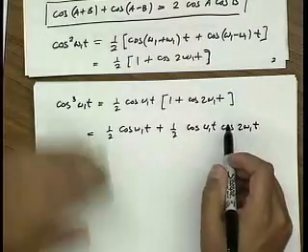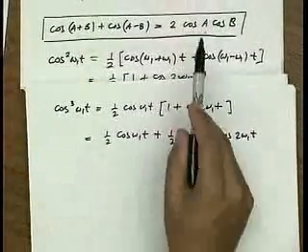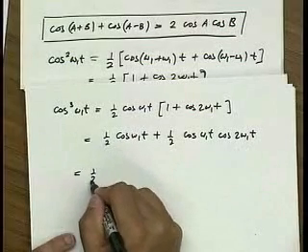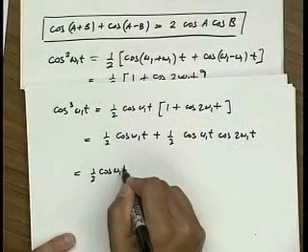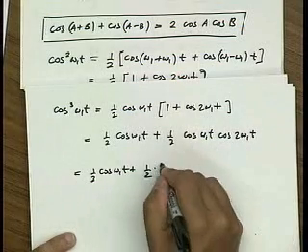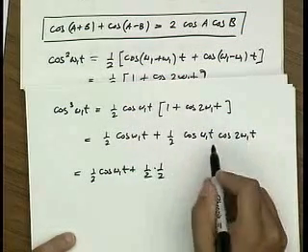And again, I'm going to apply this identity and expand this product. So now I have 1/2 cosine omega 1t plus 1/2, basically 1/2 times 1/2, sum frequency and difference frequency.